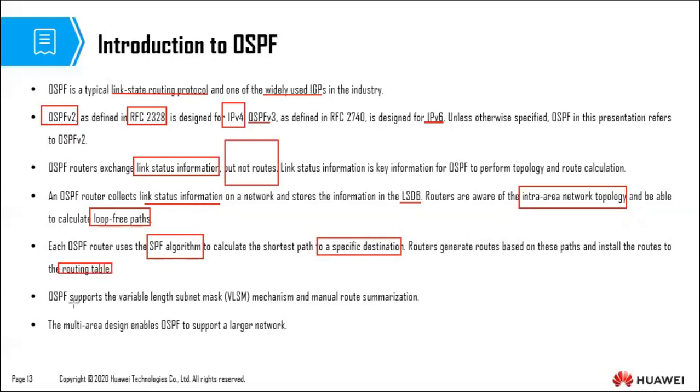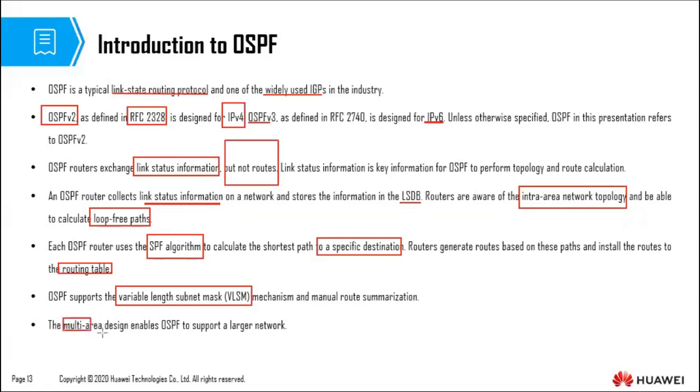We have already said that. So SPF supports what? Variable length subnet mask. Simply meaning, with OSPF, you can still use the variable length subnet mask instead of the default one, /8 for class A, /16 for class B, /24 for class C. So you can use /23, /32, /30, etc. Is that okay?